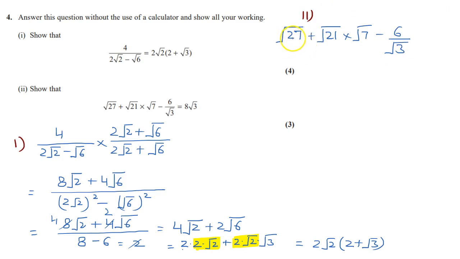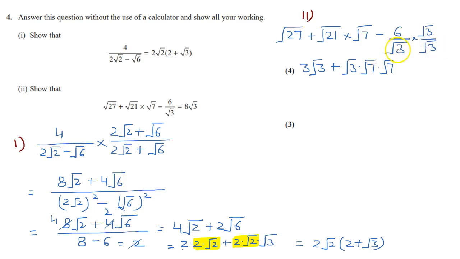Root 27 is 9 times 3, so it can be written as 3 root 3 plus this can be written as root 3 multiply root 7, and this is root 7. And 6 over root 3 can be simplified, root 3 and root 3.